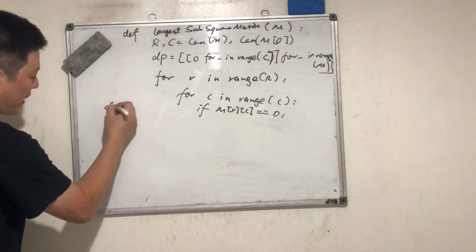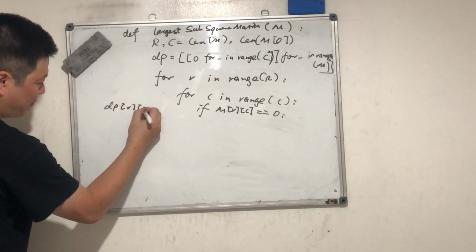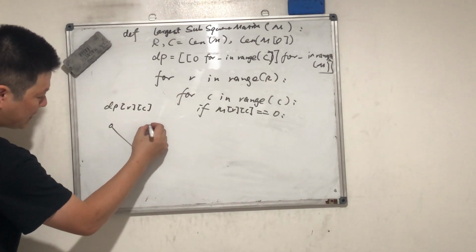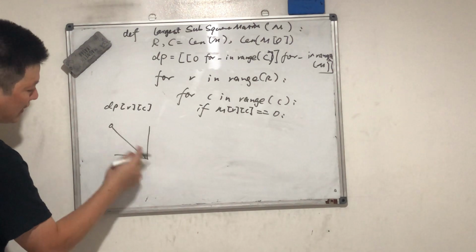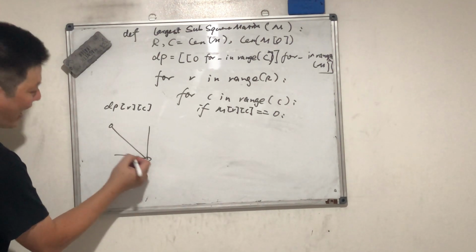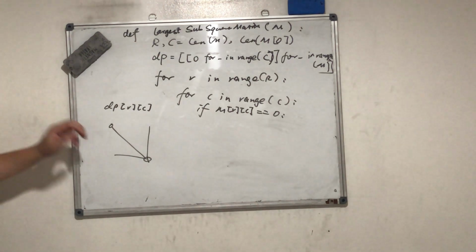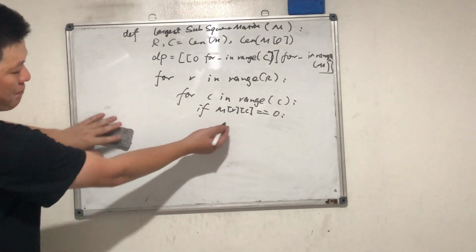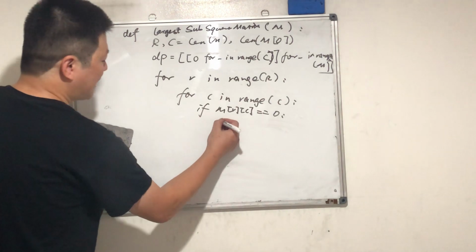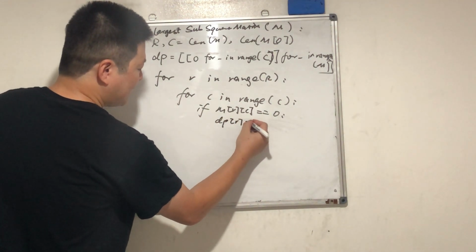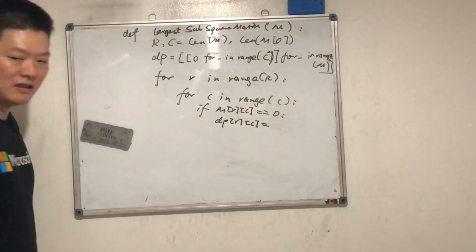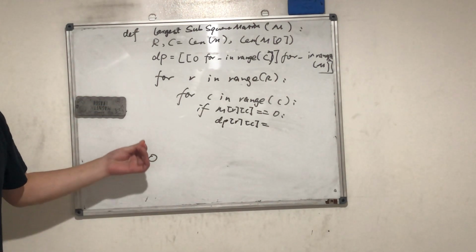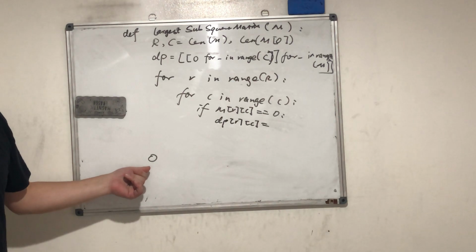Okay, so the DP array, I may have made a mistake. DP[R][C] means what? Not 0 to 0, it means the largest square matrix ending at R, C, here. So if M[R][C] equals 0, then we need to set DP[R][C] equals what? If this is 0, can it form a square matrix ending at this one? No.